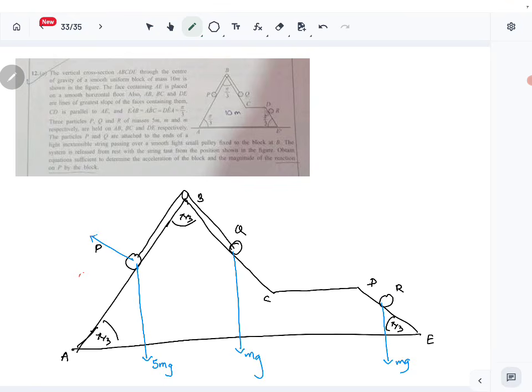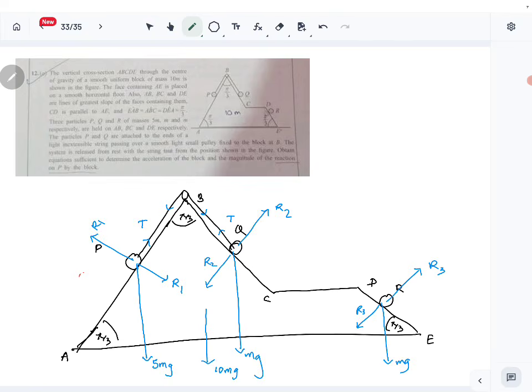So normal reaction R1, and this R1 is on the block, R2, and this R2 is on the block, R3, and this is on the block, R3. Right. And the block weight is 10mg. Okay. Then tensions. T for both. Right.